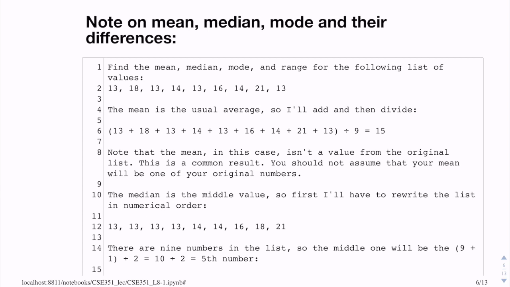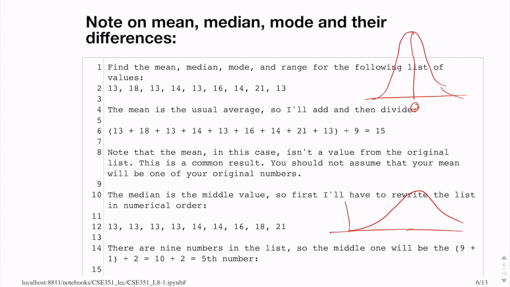The mode is the number in our data set which has the largest frequency. That's called the mode of our distribution. A distribution might have all these values the same, or they might be different. For instance, in a Gaussian distribution, mean, median, and mode are the same. But if you have a distribution that looks like this, then mean, median, and mode are different.